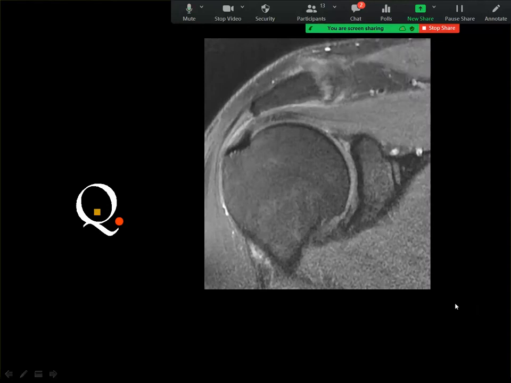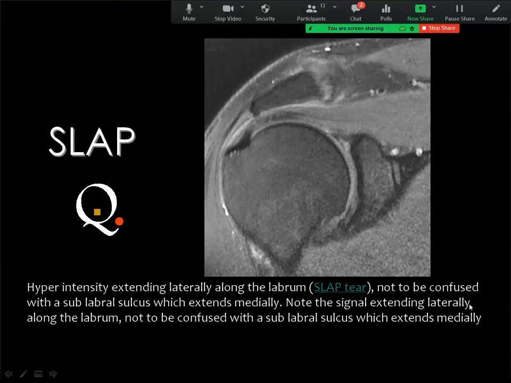Adhesive capsulitis. Okay. Yes, this is a SLAP injury, because if you look carefully at the superior labrum, you see an abnormal bright signal in the superior labrum, and this bright signal means that there is a SLAP injury.